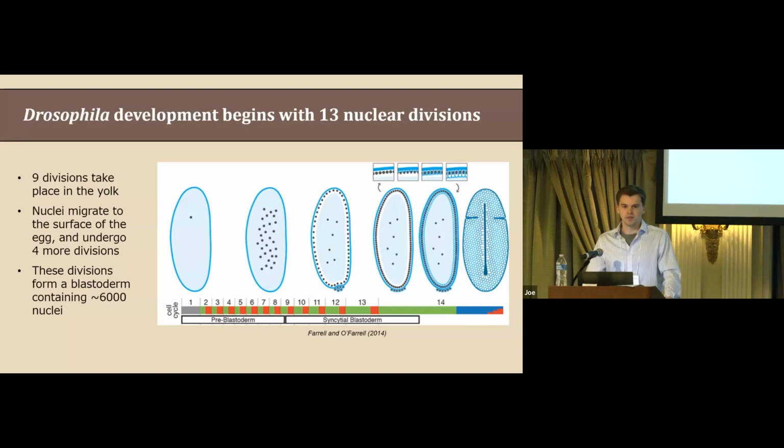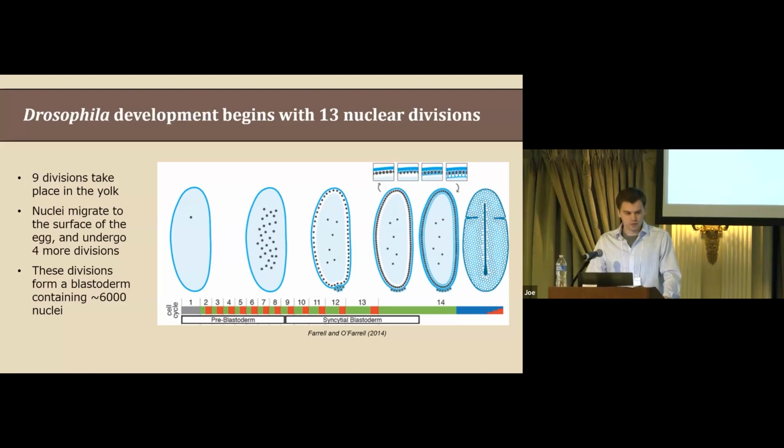And the reason we can talk about these as divisions and being able to count them is because these divisions are very nearly synchronous. And so they partition the early developmental trajectory into 14 different nuclear cycles that are separated by 13 nearly synchronous nuclear divisions.